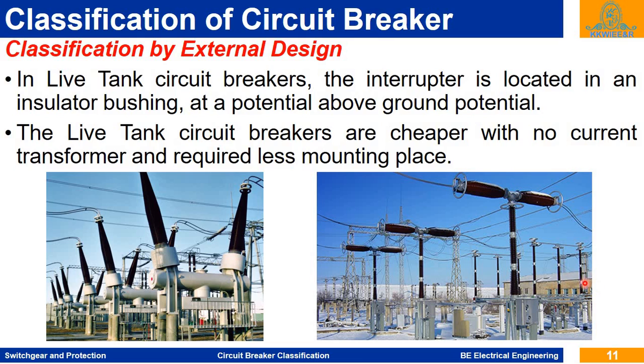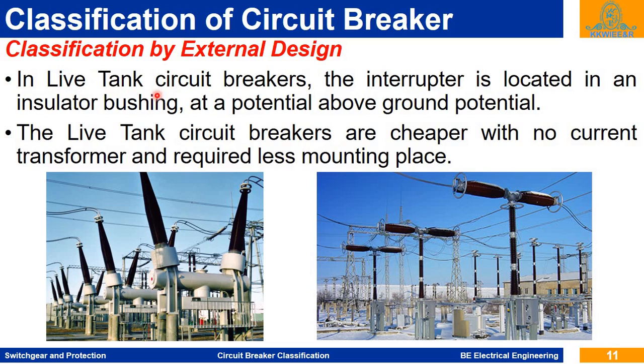You can see here, as compared to the live tank circuit breaker, more space is required for this dead tank circuit breaker. And to minimize the space, these current transformers are placed on these bushings.